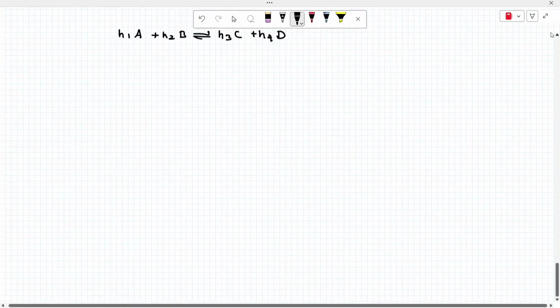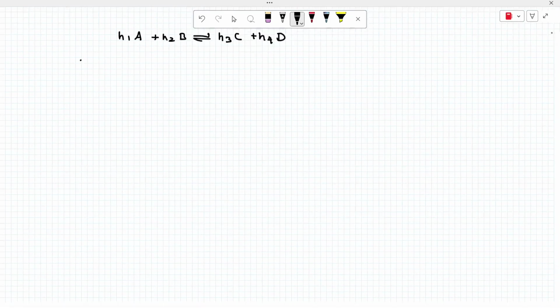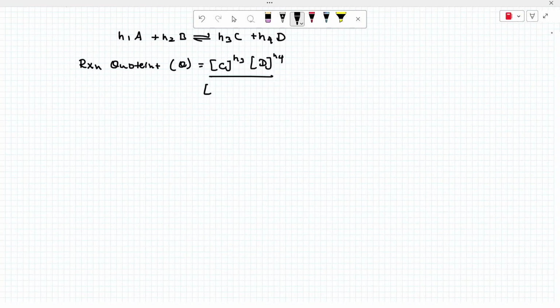Now, what is the reaction quotient for this reaction? The reaction quotient Q equals the product concentrations raised to their stoichiometric powers, divided by the reactant concentrations raised to their powers, A to the power n1 and B to the power n2. Yes or no?